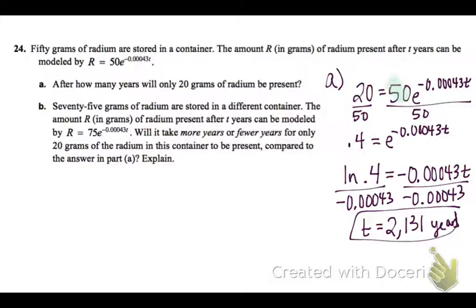So now again we're solving for years and we want to know when there's going to be 20 grams left. Plug 20 in for R, and we're going to compare our answer to part A. Divide both sides by 75.